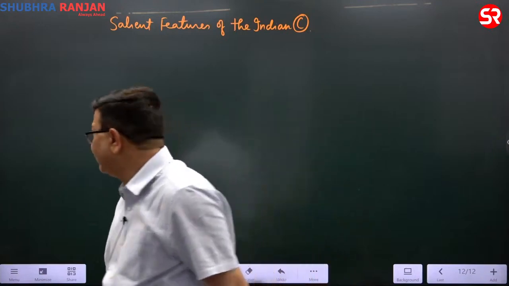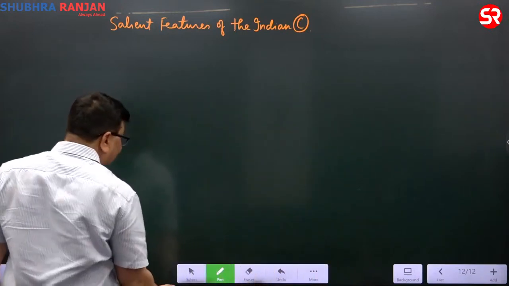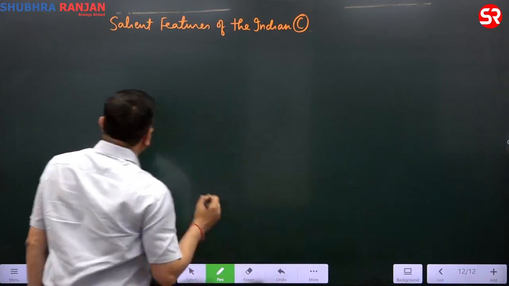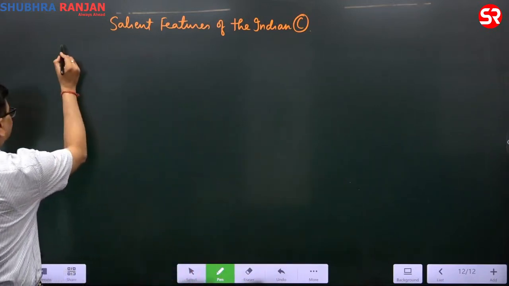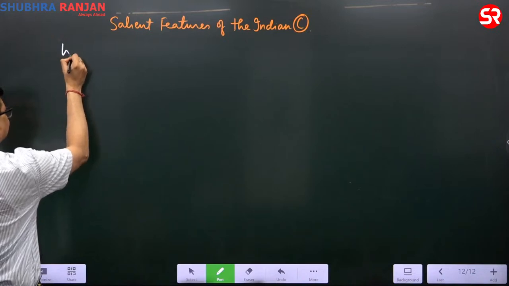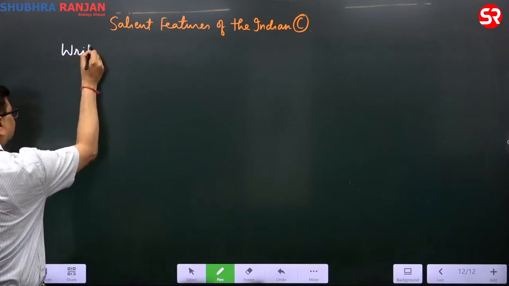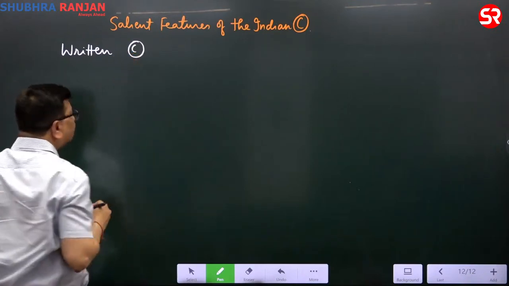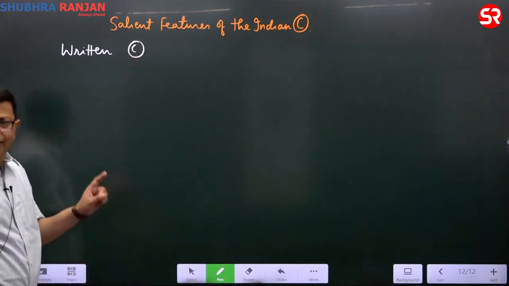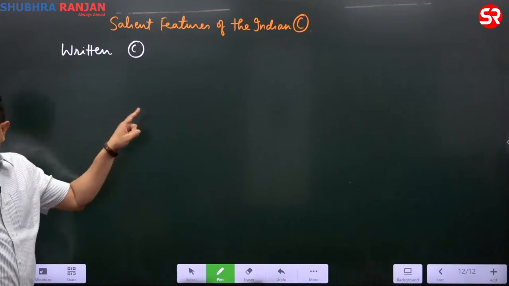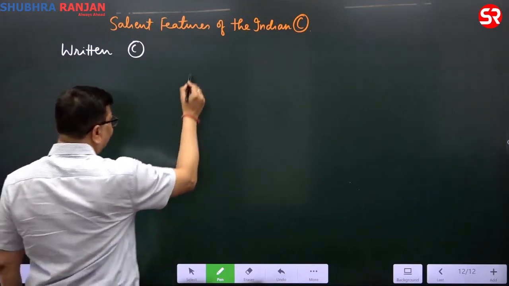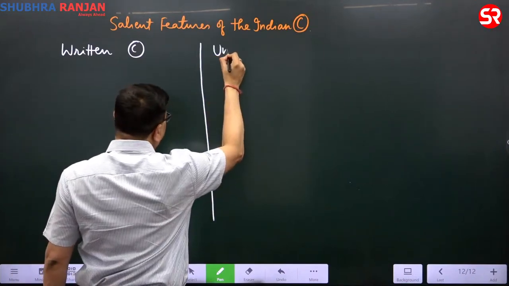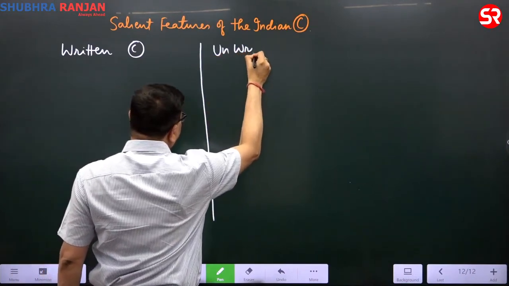Now, the first salient feature of the Indian Constitution is that it is a written constitution. No doubt, the Indian Constitution is a written constitution. Some of the constitutions of the world are unwritten.